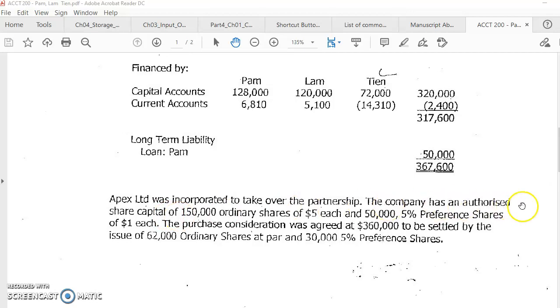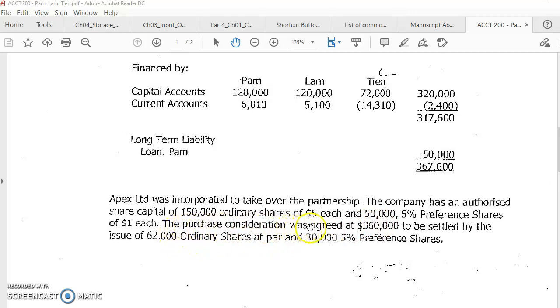And remember, we stated that the authorized share capital is the amount stated in the articles of incorporation, the maximum amount of shares that they are allowed to issue, which is 150,000 ordinary shares, and then 50,000 5% preference shares of $1 each. Again, the $1 is the par value for the 50,000 preference shares.